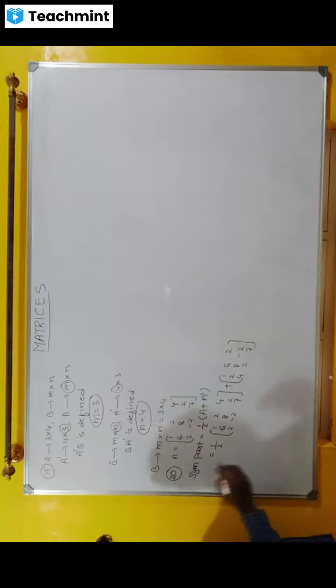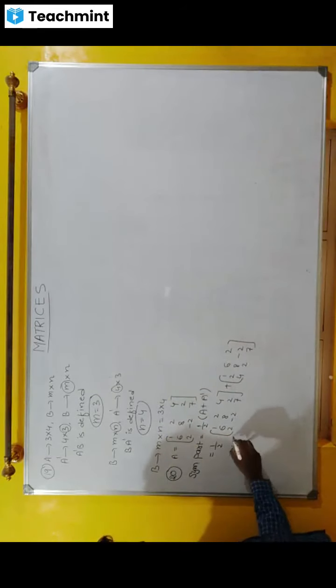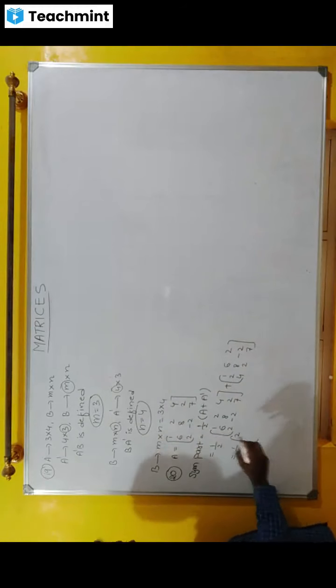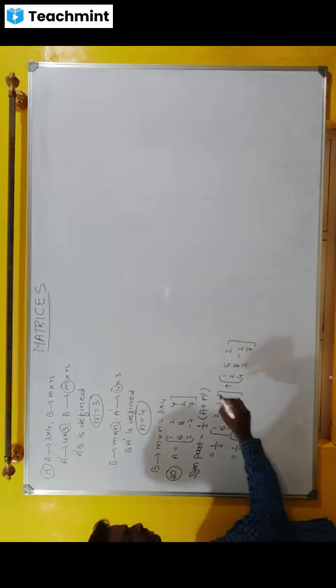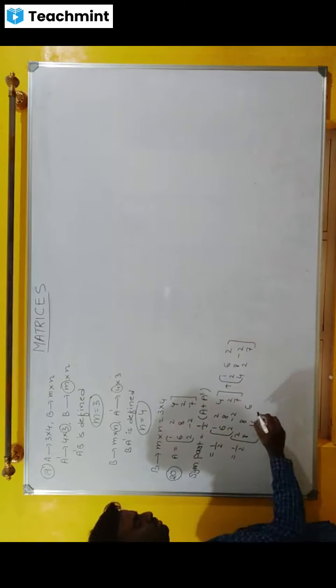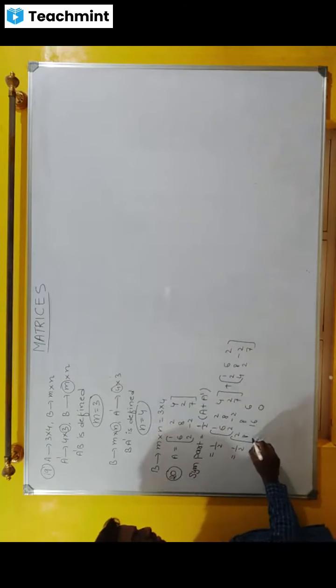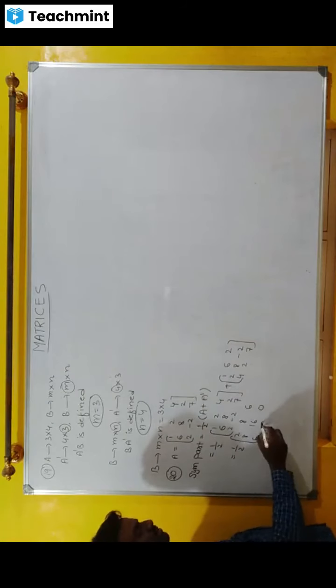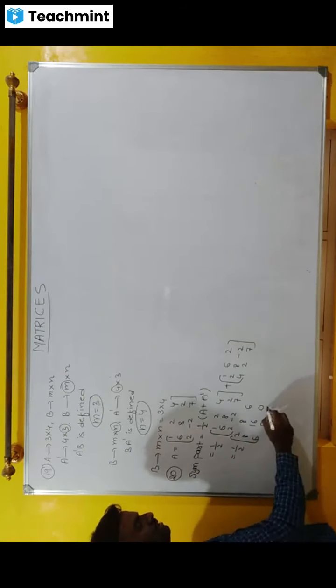Now simplify. 1 by 2 into 1 plus 1, 2. 2 plus 6, 8. 4 plus 2, 6. 6 plus 2, 8. 8 plus 8, 16. 2 minus 2, 0. 2 plus 4, 6. Minus 2 plus 2, 0. 7 plus 7, 14.